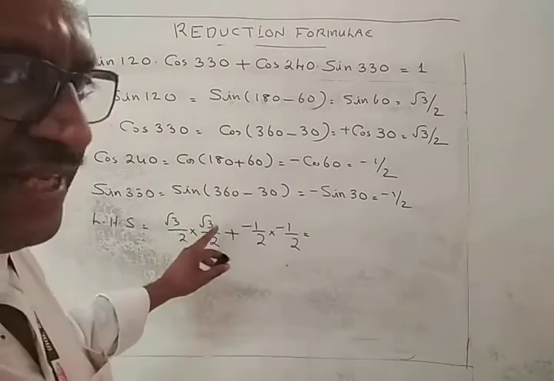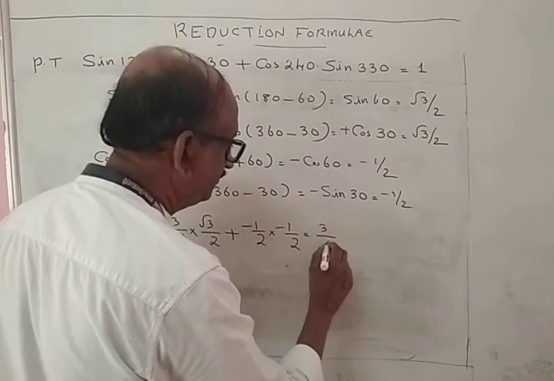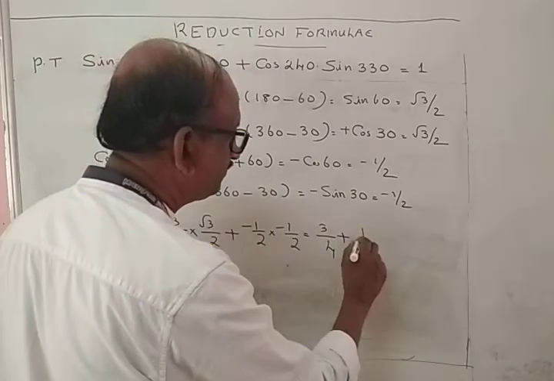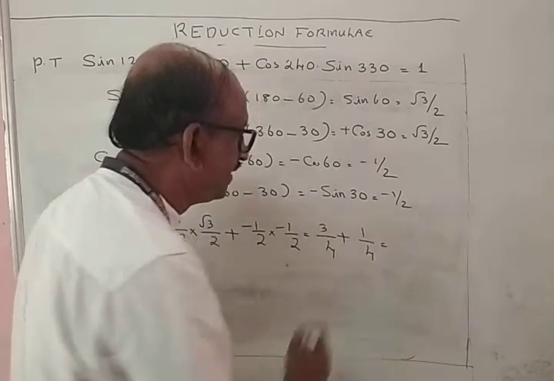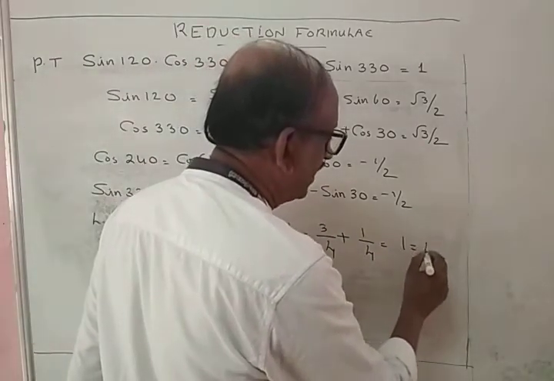Root 3 into root 3, 3. 2 into 2, 4. 3 by 4. Minus minus plus 1 by 4. 3 by 4 plus 1 by 4 is 1. This is equal to the right hand side.